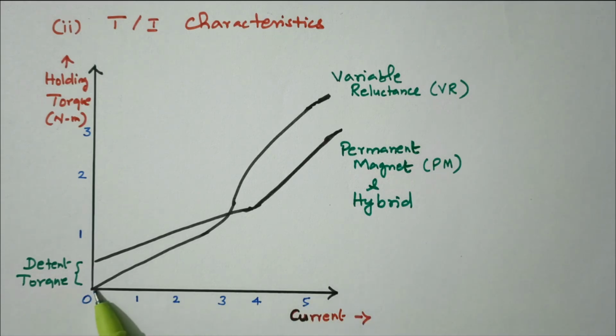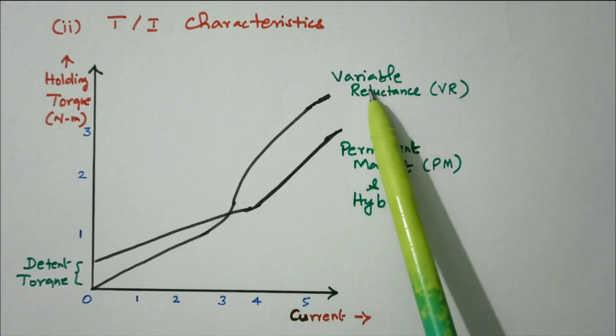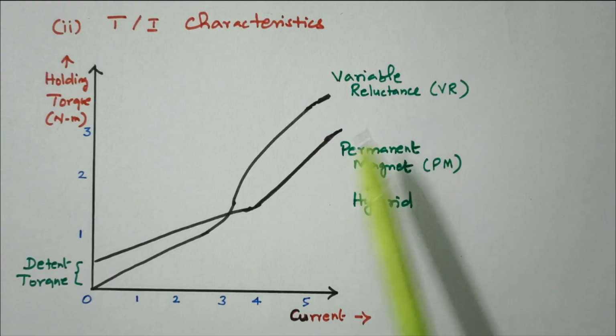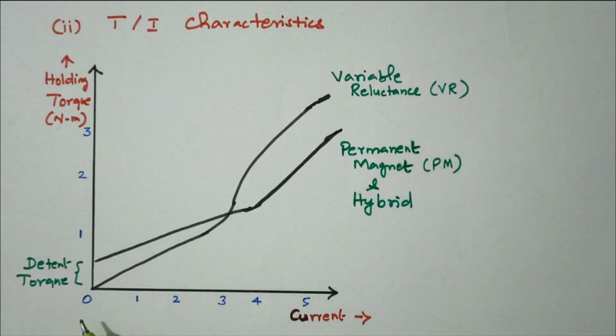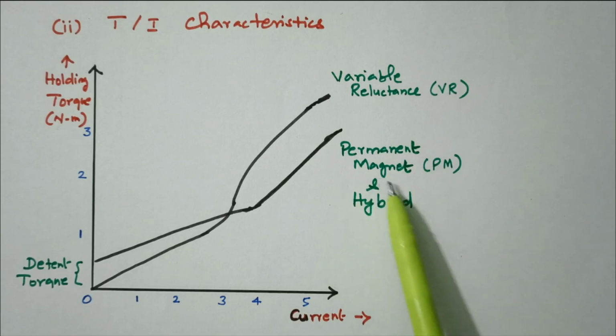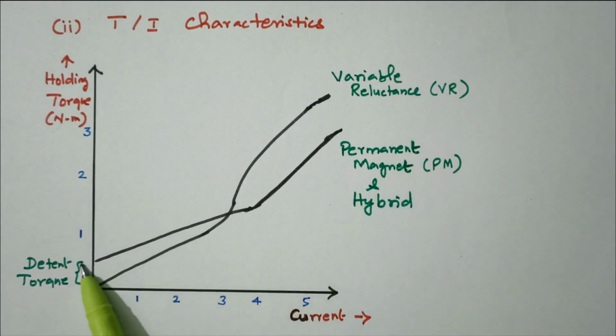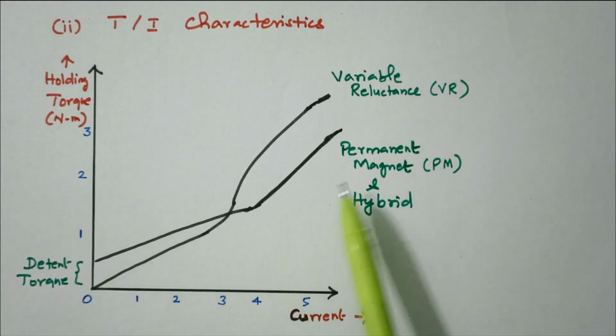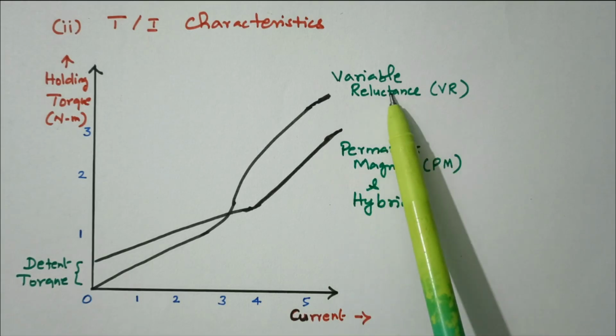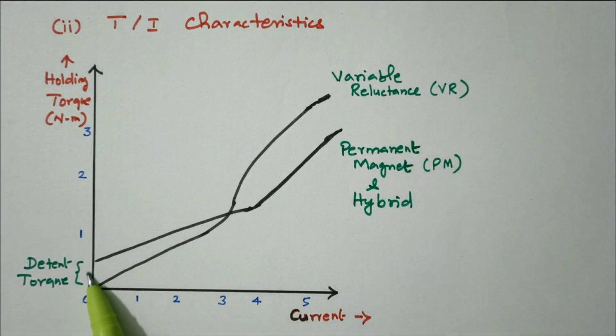See, this curve starts at 0 value, 0 current, because of the variable reluctance stepper motor. So for the variable reluctance stepper motor the torque is 0. But in the case of permanent magnet or hybrid, because of the permanent magnet, always some torque will be available. That is called residual torque because of the permanent magnet. Here there is an electromagnet. So this portion is nothing but a residual torque.